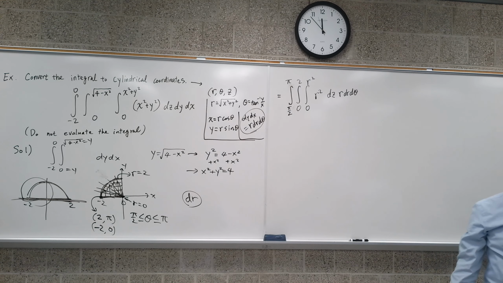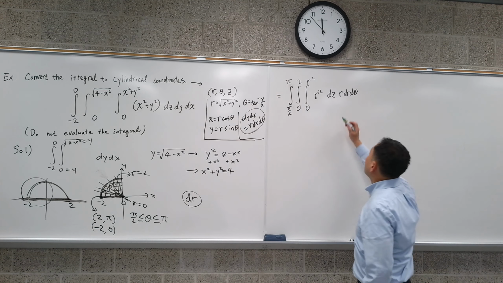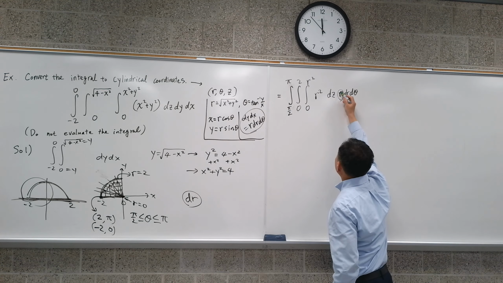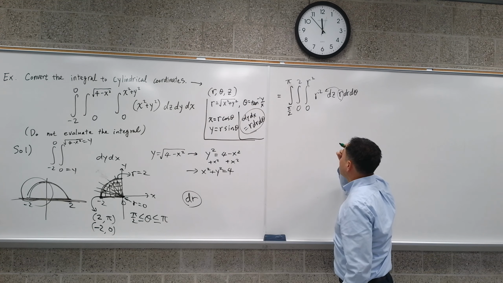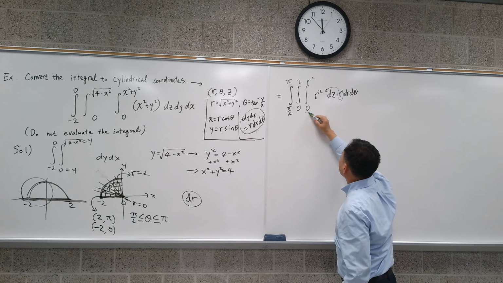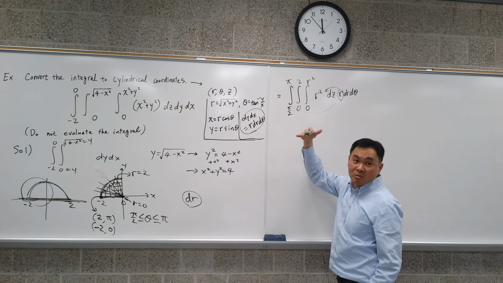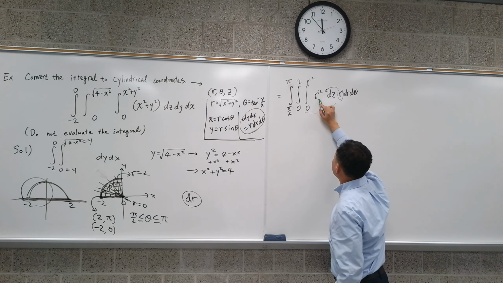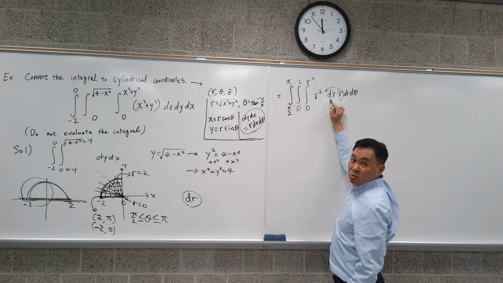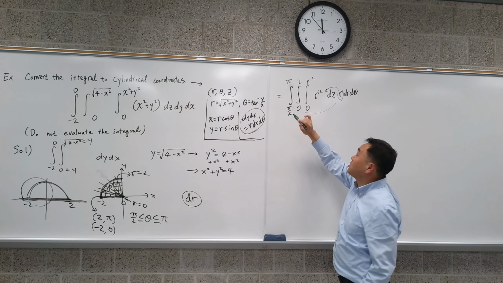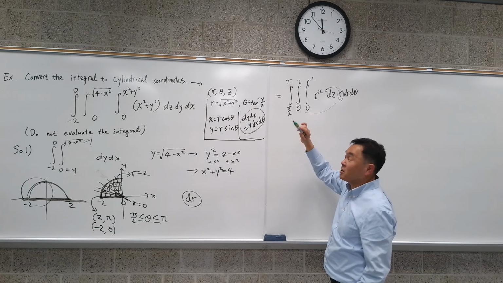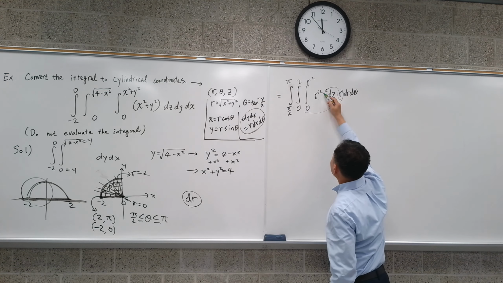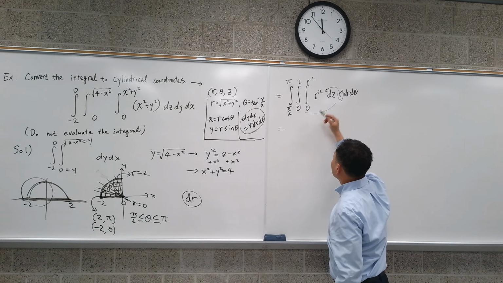Now, it's customary to just bring all the functions that are multiplied inside. Although you can still calculate like this. It doesn't prohibit you from just calculating this. r squared is considered a constant when you integrate by z. So this is perfectly doable in calculation. However, it's customary to bring these things that are multiplied inside.